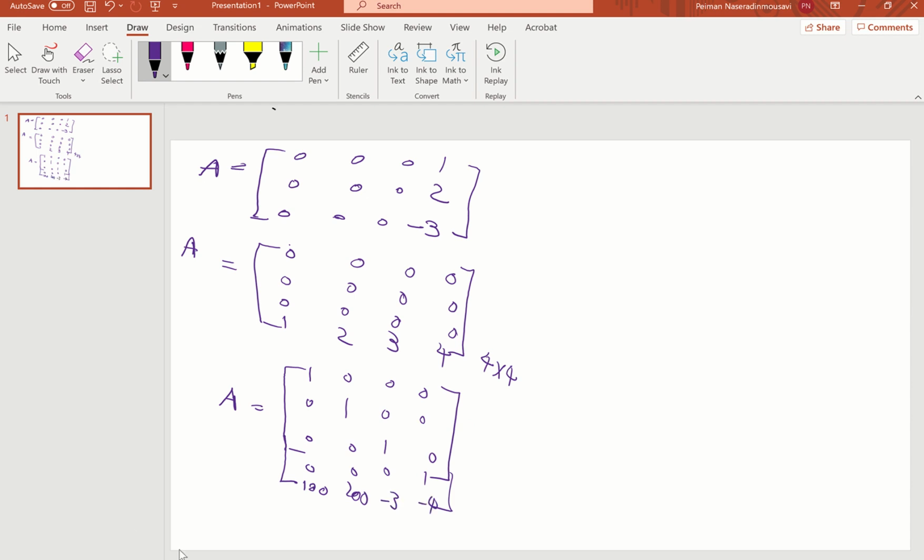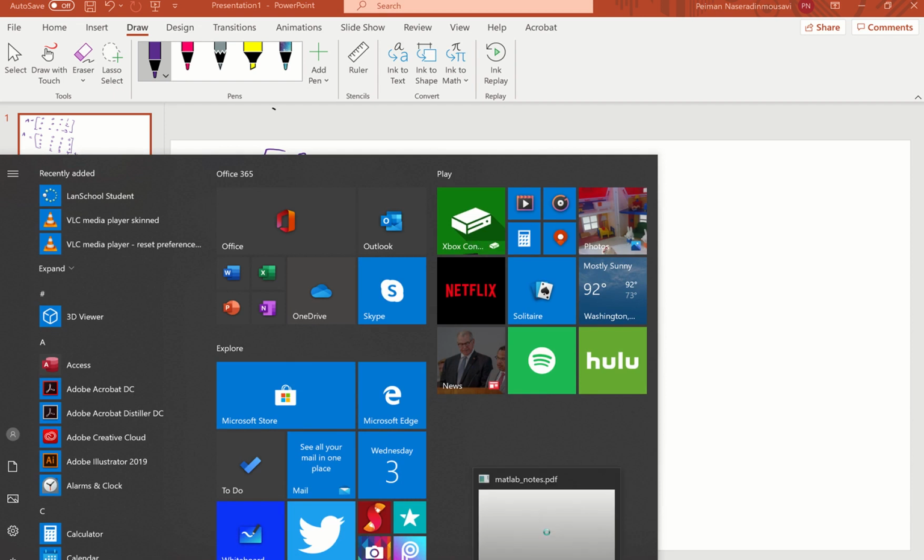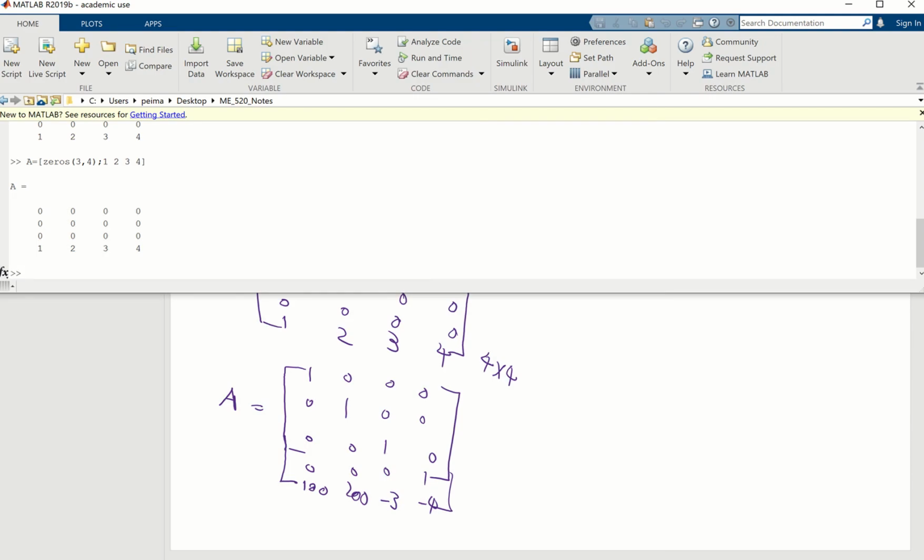So you can write in MATLAB like this: A is equal to, classically, 1 0 0 0, 0 1 0 0, 0 0 1 0, 0 0 0 1, and now the last line is 100, 200, minus 3, minus 4.